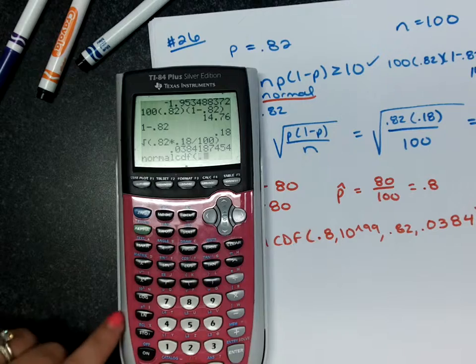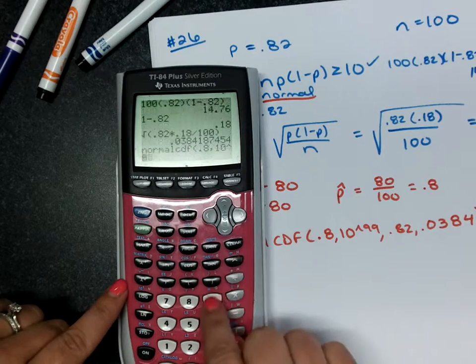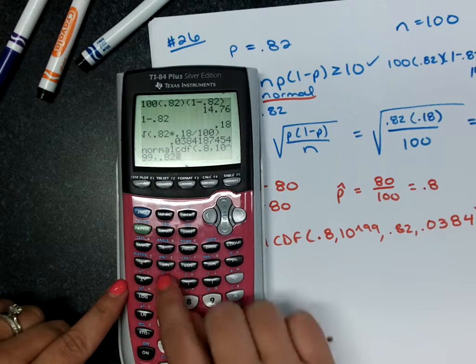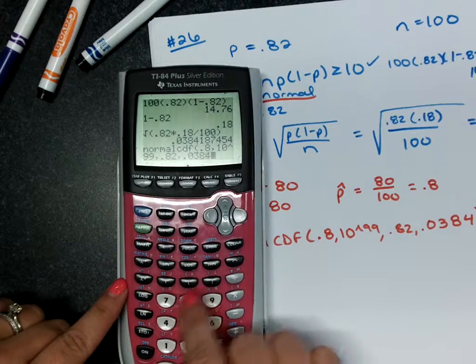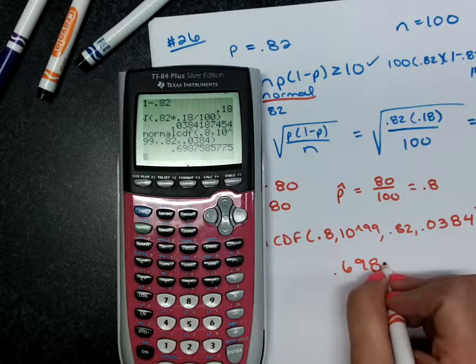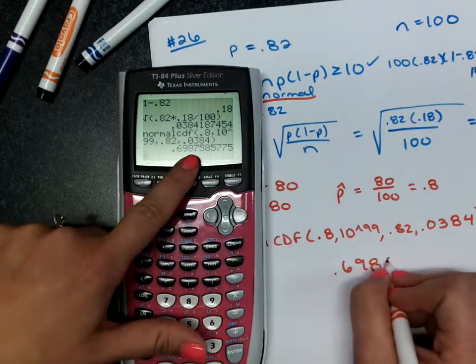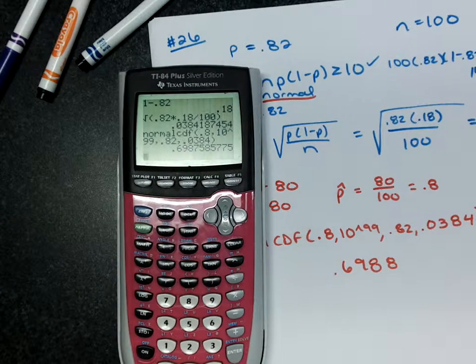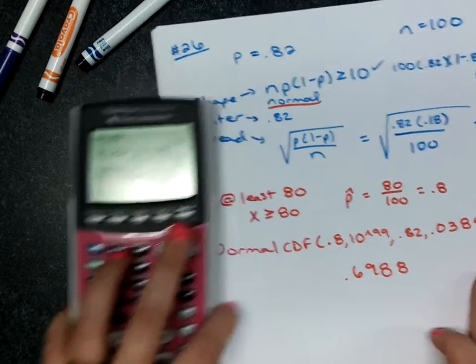Put in those values, 0.8, positive infinity, 0.82, and 0.0384. I get 0.698, round that off to 0.6988.